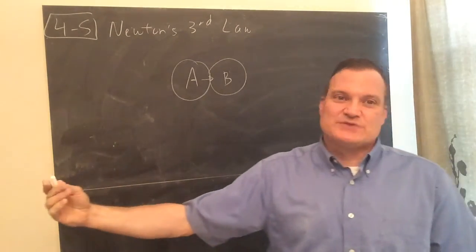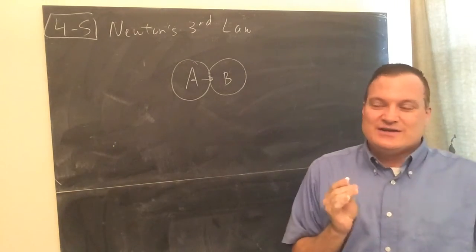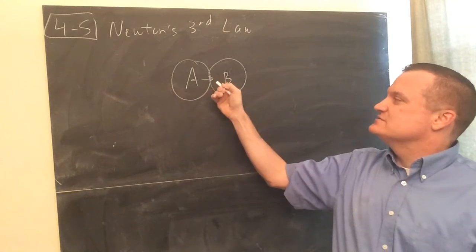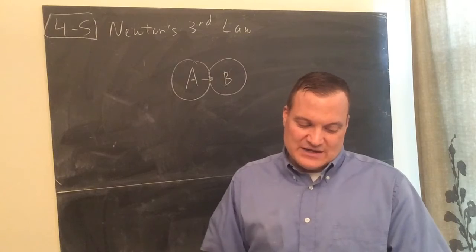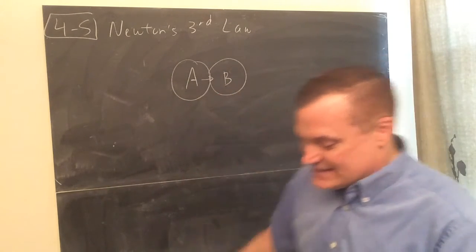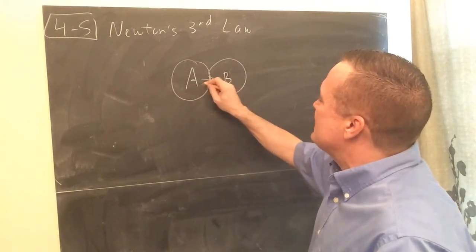Say someone is running at you and boom, they hit you, like football, they tackle you. Whenever one object exerts a force on the second object, the second object puts an equal but opposite force back on the first object.